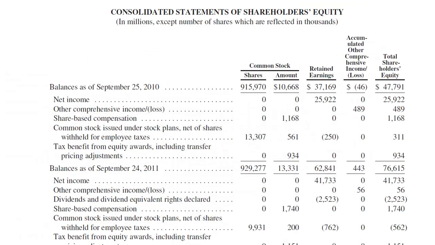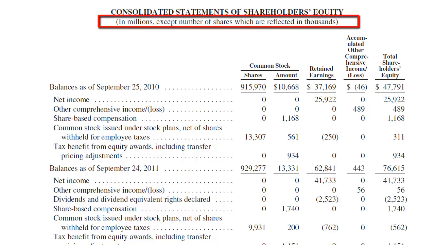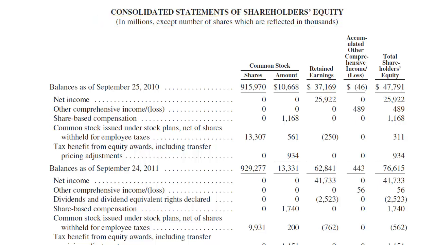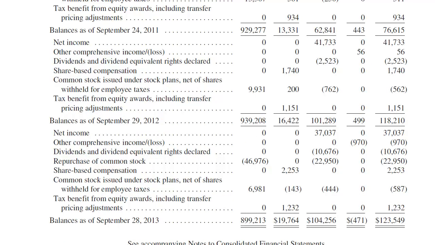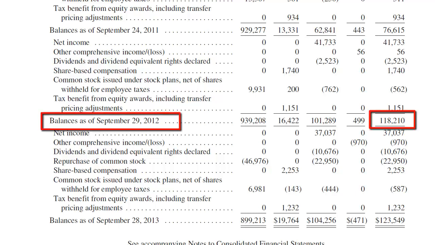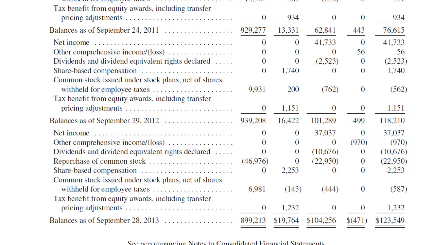Here's the statement of shareholders' equity for Apple Corporation. All the figures in this statement are in millions, except for the number of shares, which are in thousands. The amount of total shareholders' equity is given in the last column. The balance as of September 29, 2012 was approximately $118.2 billion. Now this is the beginning balance for the 2013 fiscal period.